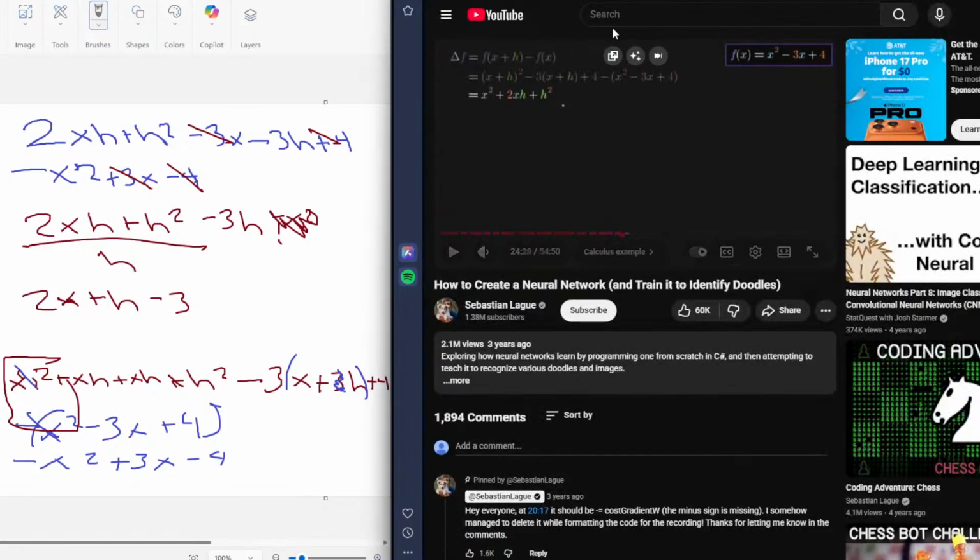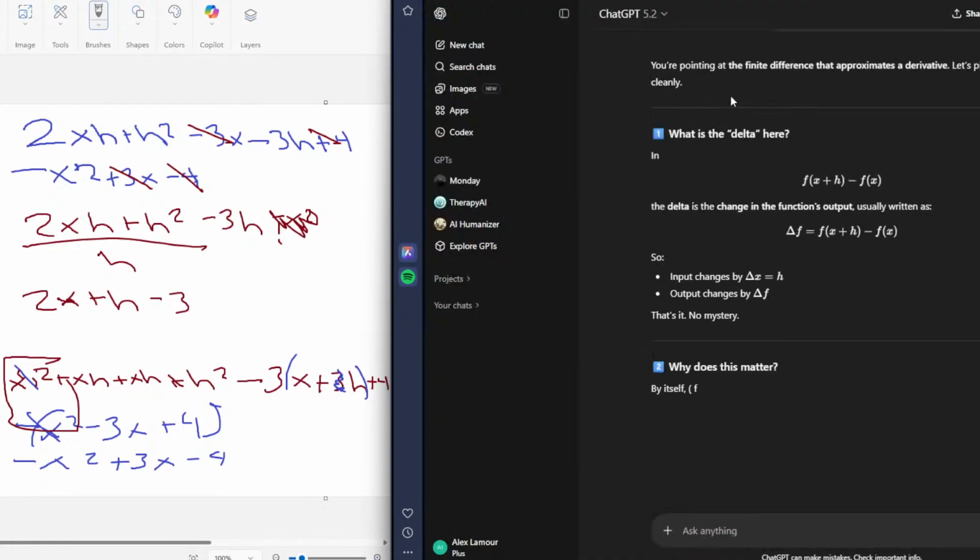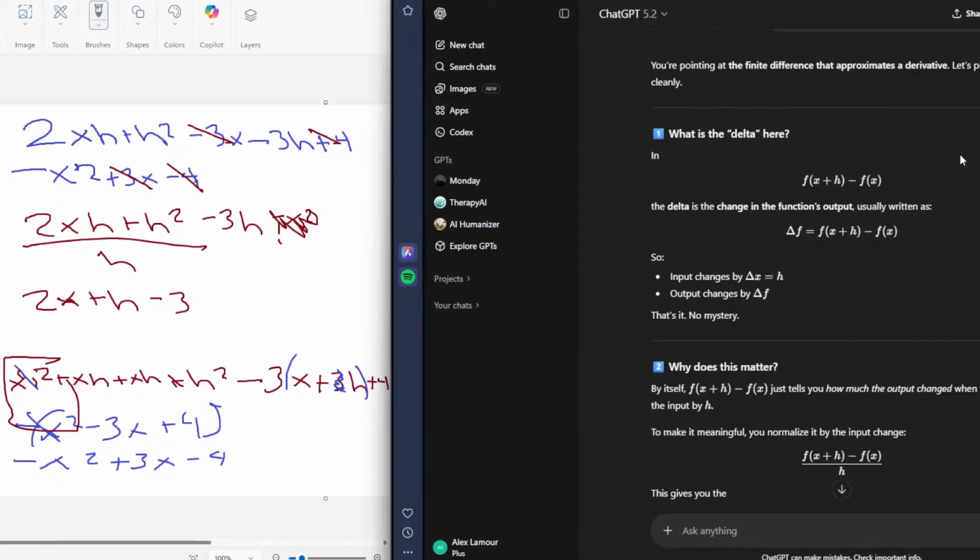I believe it's minus. Yeah, f of x plus h minus f of x. Delta is the change in the function's output. Input changes by delta x equals h. Output changes by delta f.